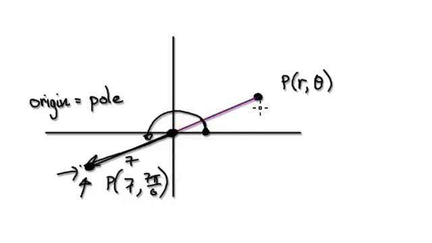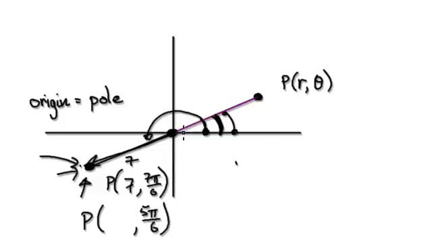Or another way of doing it would be to use this angle here. So another way of specifying this point would be to use this angle here, from here to here, let's just say it's 5 pi over 6.